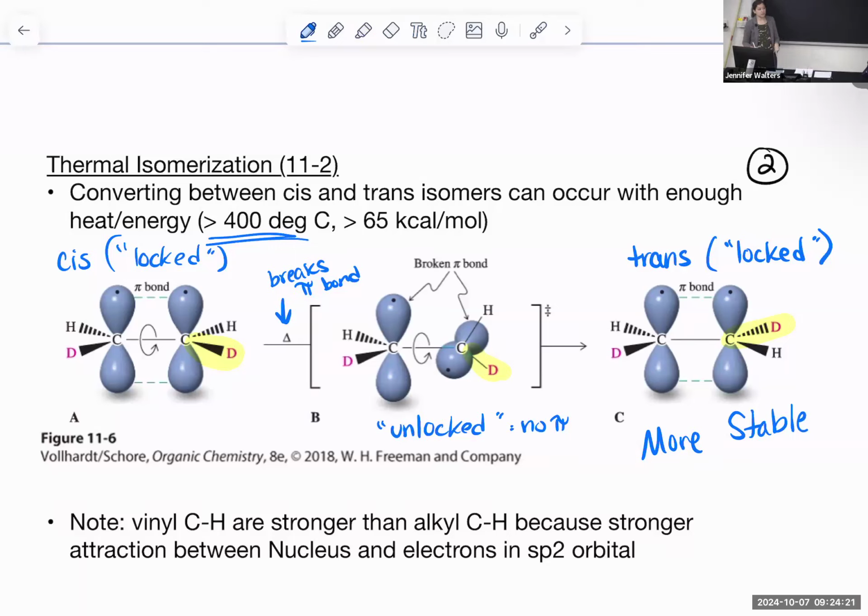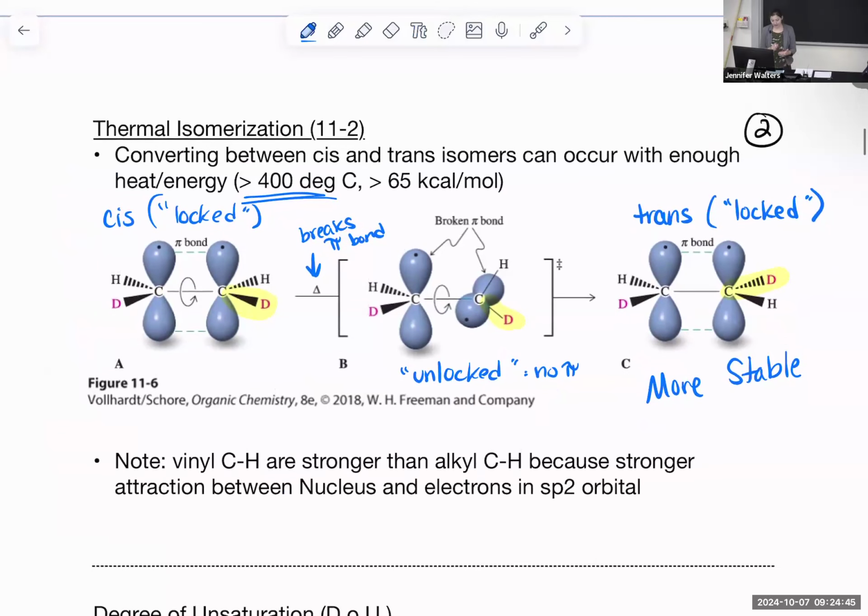Getting to those temperatures is very, very difficult. You need extremely hot ovens, very hard. But if you give it enough energy, you can force it to go to the more stable alkene, right? But in general, it's really hard to make it unlock.